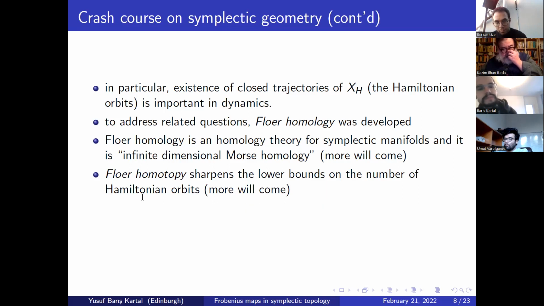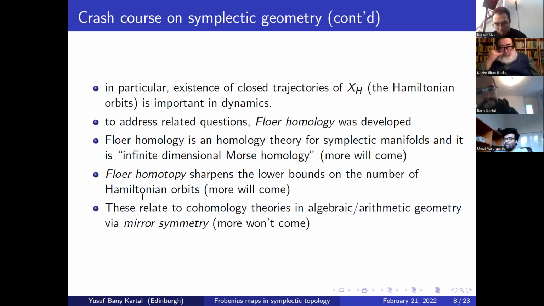More will come only about Floer homology and Floer homotopy, not the numbers of Hamiltonian orbits. And things like Floer homology relate to cohomology theories in algebraic and arithmetic geometry via something called mirror symmetry. I won't say anything more about this, or maybe a little more at the very end. Questions?